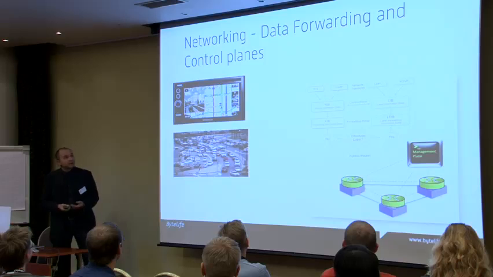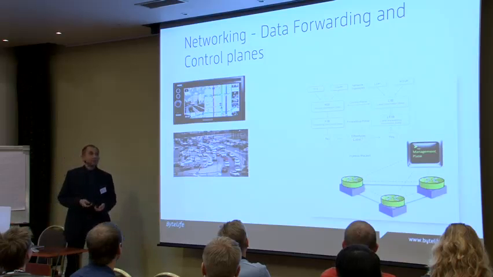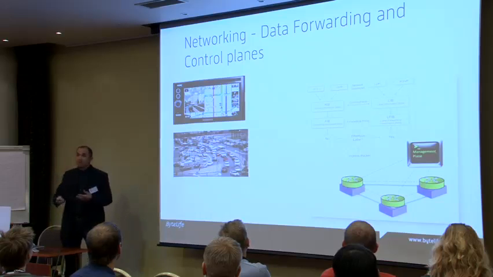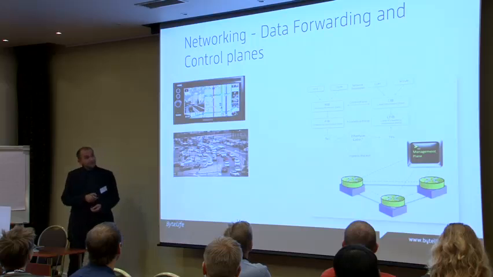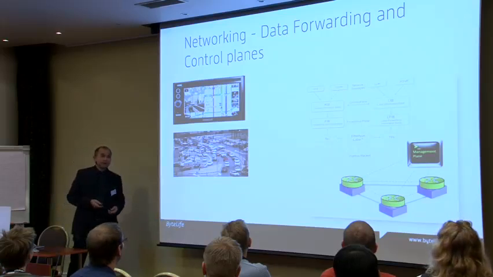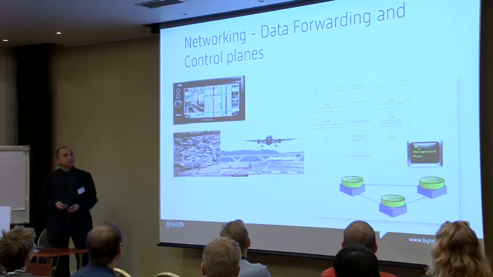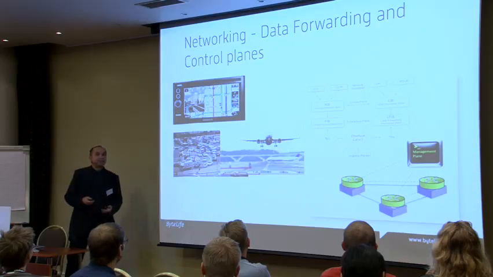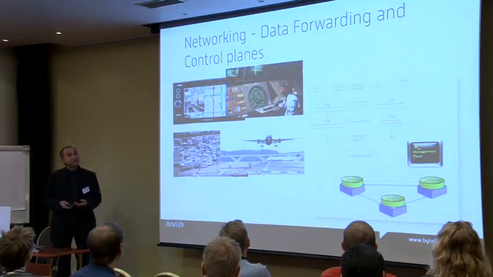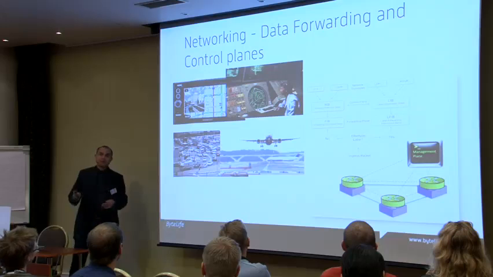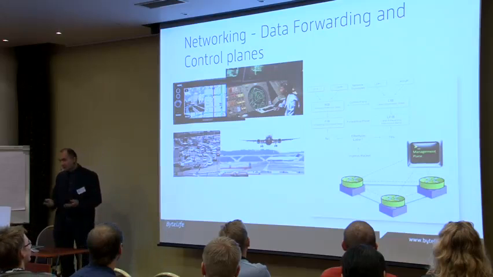This is where the control plane comes in. The analogy could be the traffic guide, GPS, or any other guide. So this is how the cars will run, or people will run the car. Another analogy, a plane, right? The planes carry the people. This is the data plane, and there is some air traffic control which says where the plane can land or where it can fly, right? Simple as that.